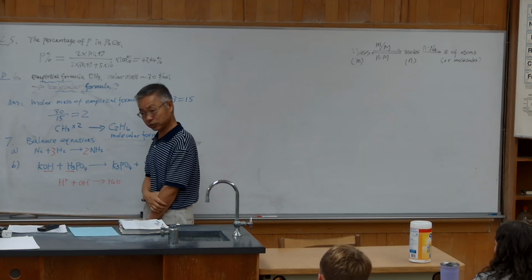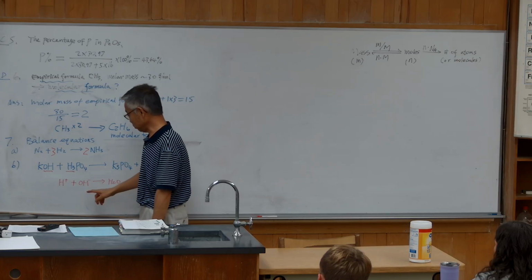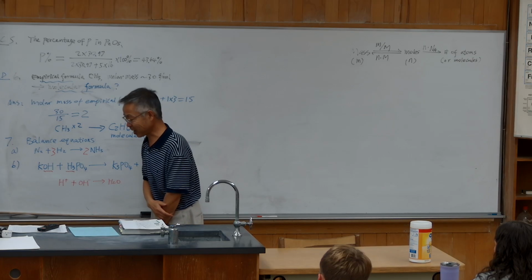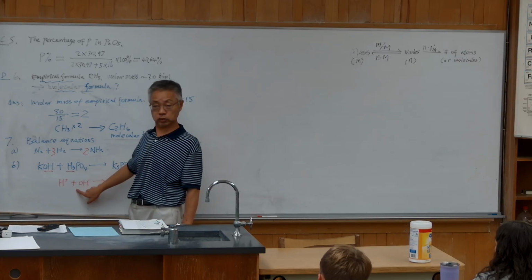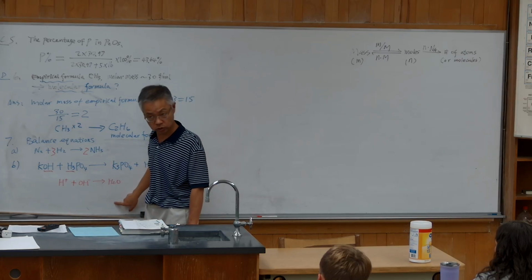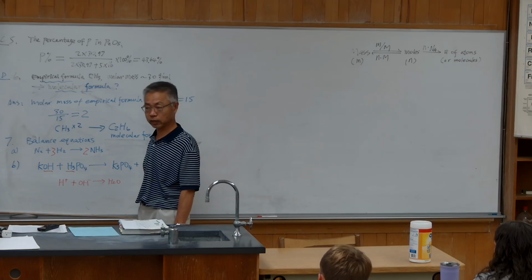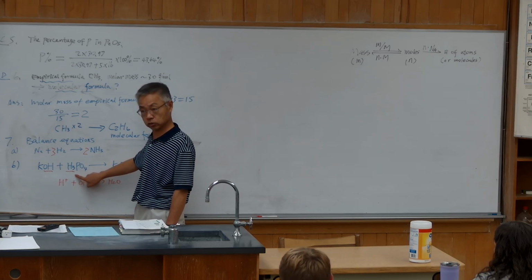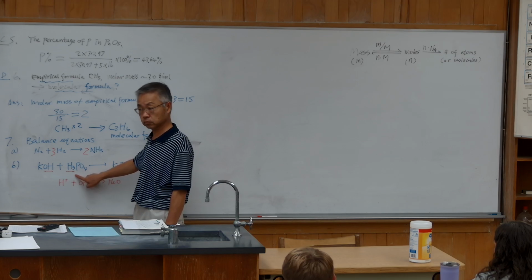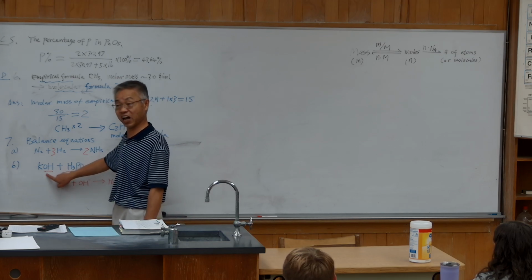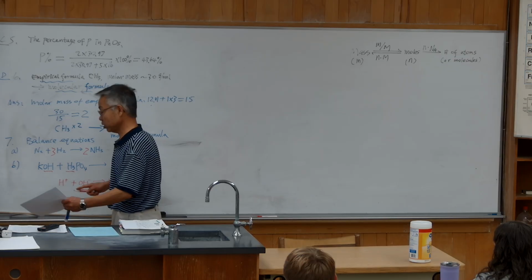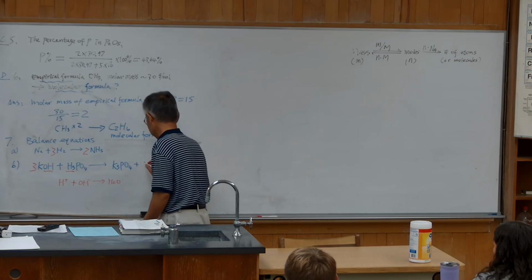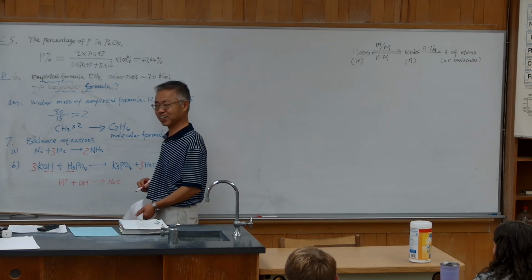So if two hydrogens are there, there must be two hydroxide ions producing two water. If three hydrogens are there, there must be three hydroxides producing three water. According to this rule, how many hydrogens are there? Three, right? Then you need three hydroxide, so put three in front. Then three water, right?